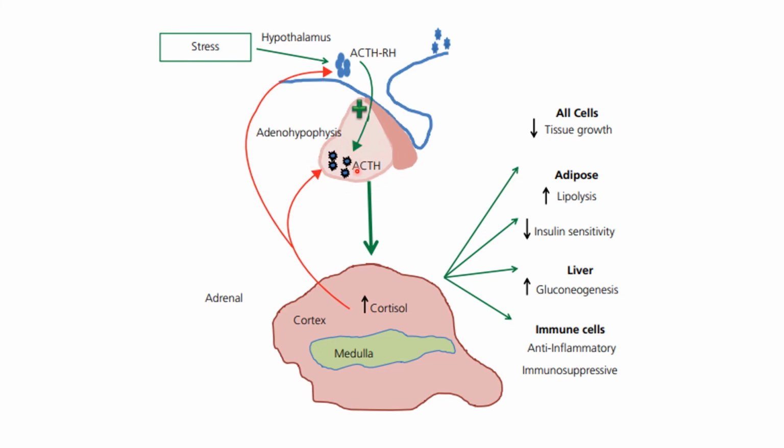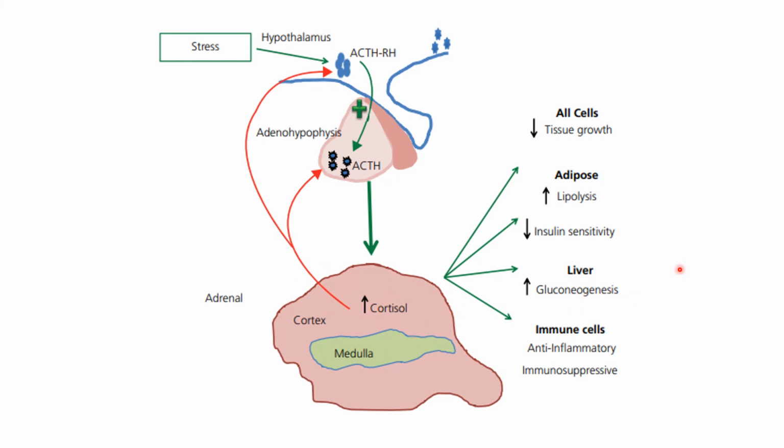Once stimulated, these corticotropes will release your adrenocorticotropic hormone, and this is released to the circulation and of course finds its way to the adrenal cortex cells in the zona fasciculata to secrete cortisol.